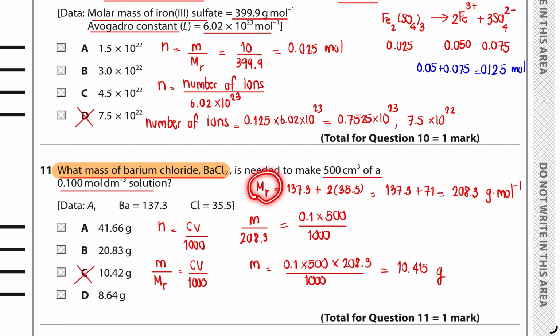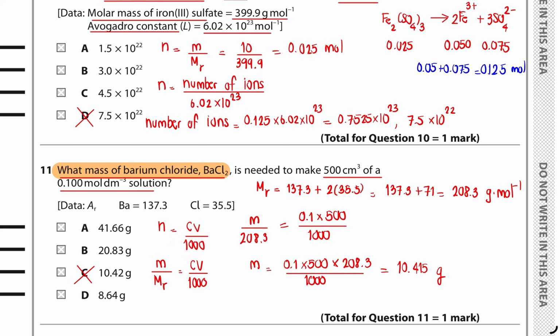Okay, so by putting 137.3 and 35.5, we will have the molar mass equal to 208.3 gram per mole. Now we have a formula in which mole equal to concentration times volume divided by 1000. But we also have mole equal to mass over Mr.